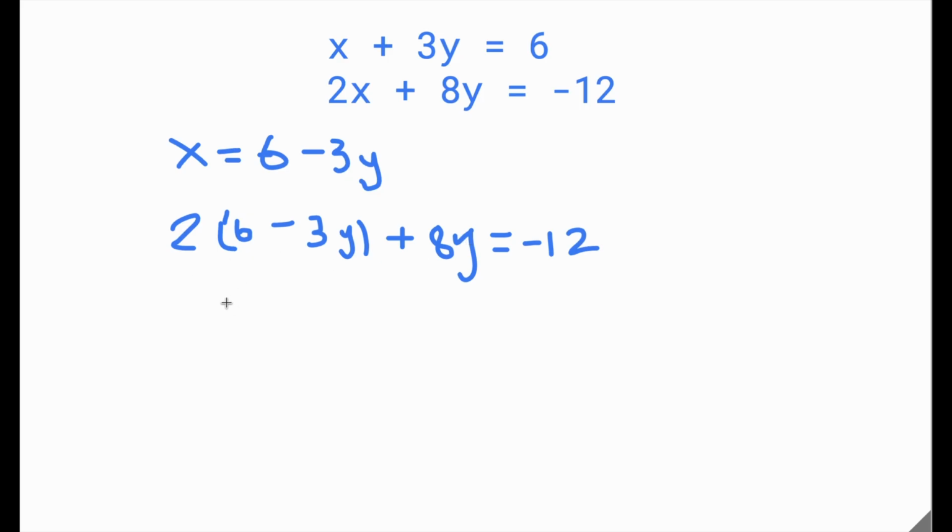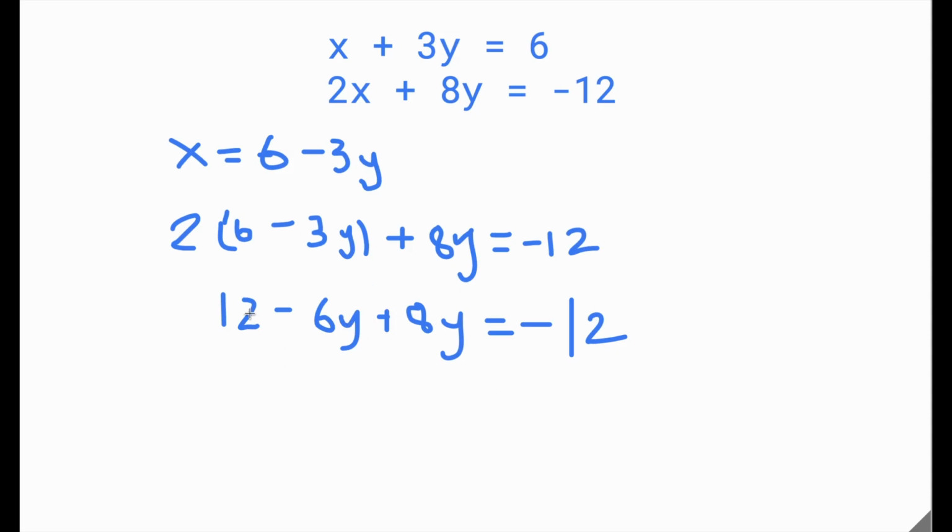So if we were to solve that, this is going to give us 12 minus 6y plus 8y equals negative 12. Excuse my handwriting, I'm trying to write on my computer. So that is going to give us 12 plus 2y if we were to combine these two.